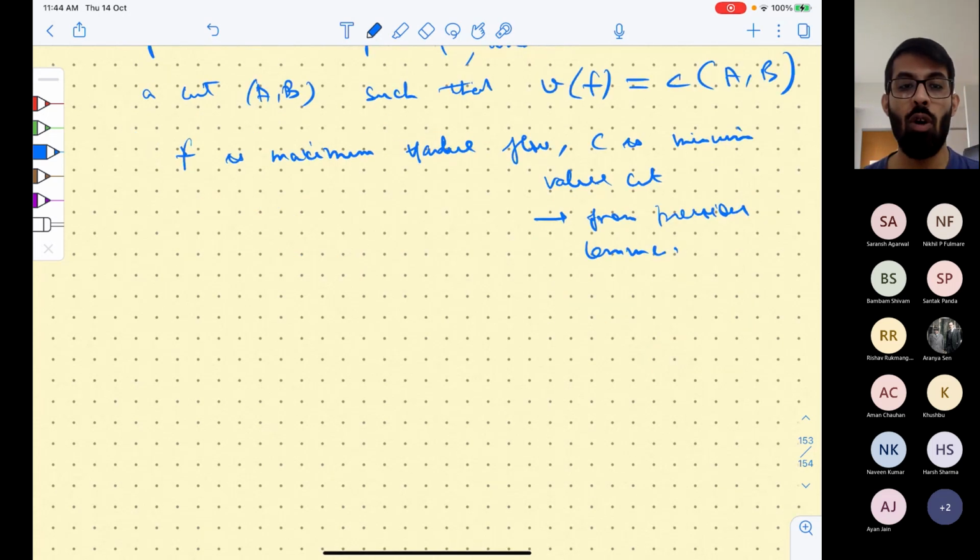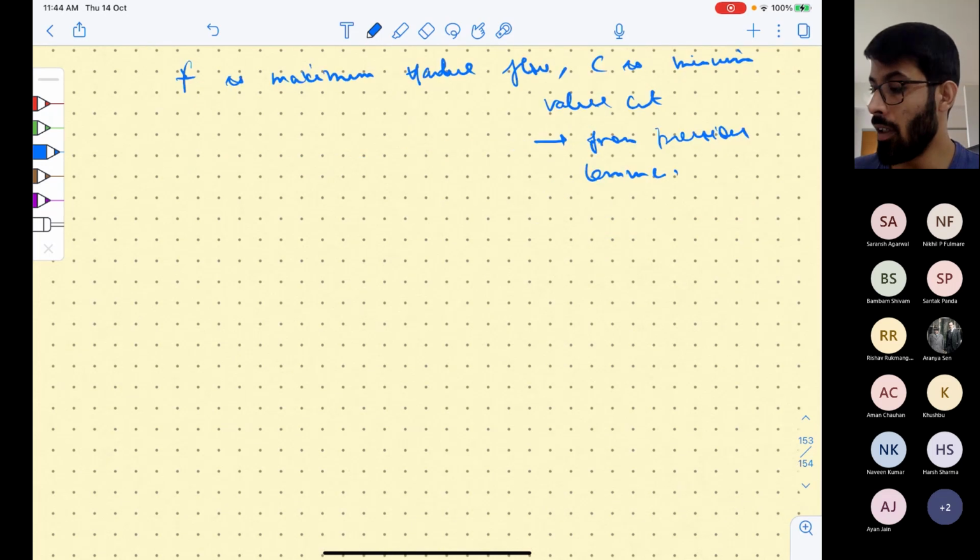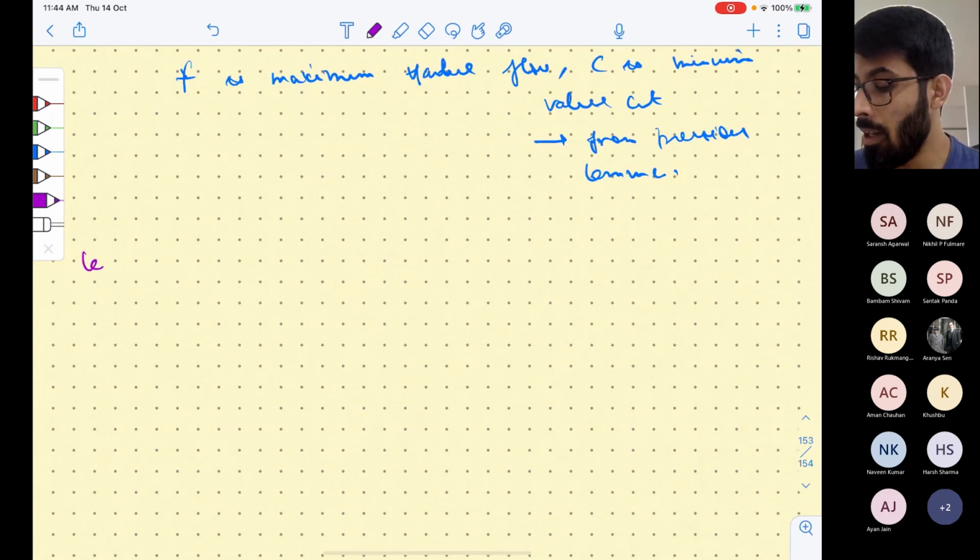Whatever flow value the algorithm outputs, for that we need to show a cut of matching value, right? Good. So now the final lemma, what does it show?